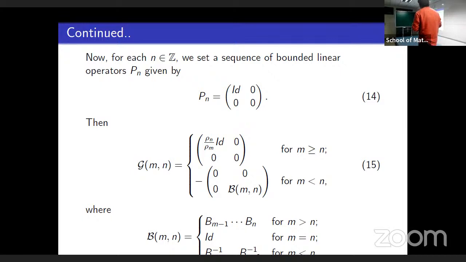So in this setup, we calculate our script operator G. It takes one form when n is greater than or equal to m, and another matrix when n is less than m. The script operator B is obtained in the same manner as the script operator A for the linear part of the equation.